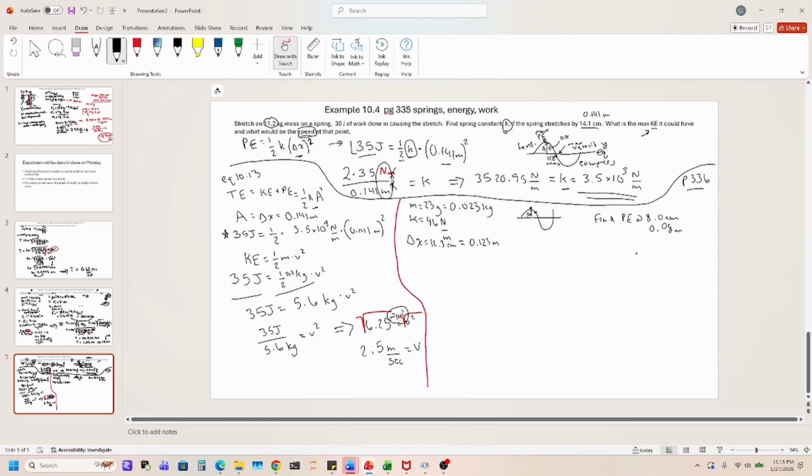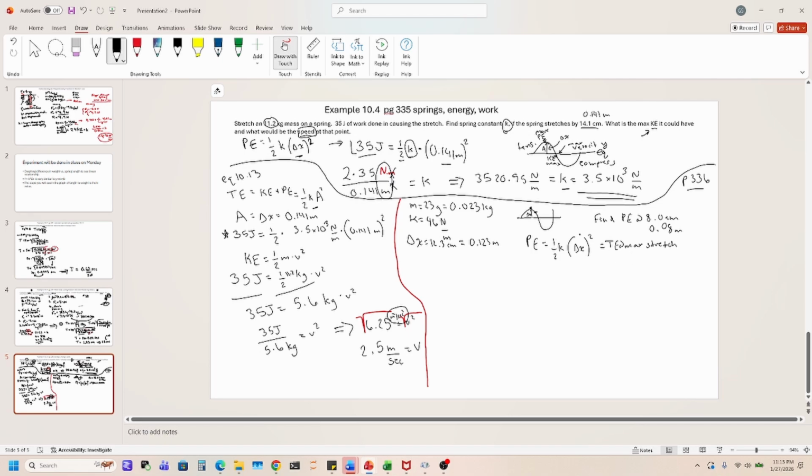Okay, so our potential energy equation, potential energy is equal to 1/2 of our spring constant times our delta x squared.